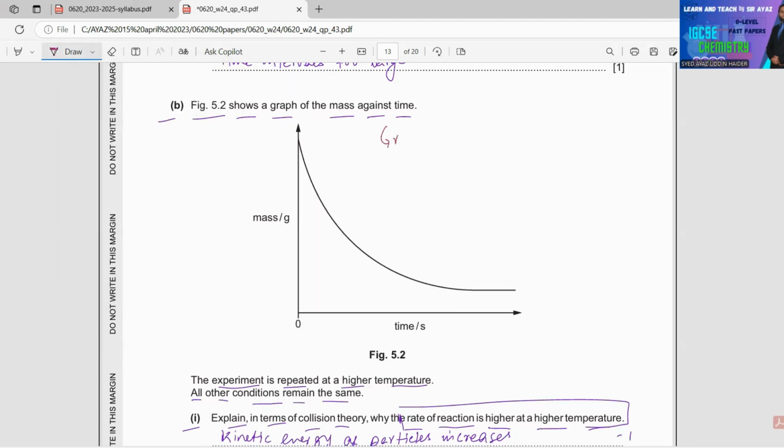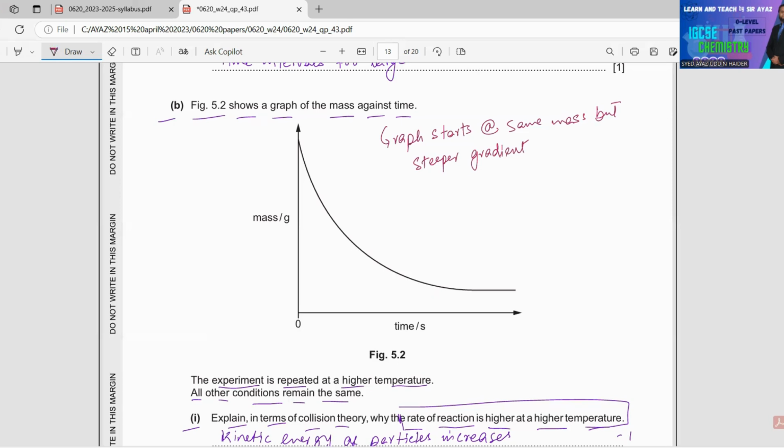So the graph, it will definitely start at same mass, but steeper gradient. What else?